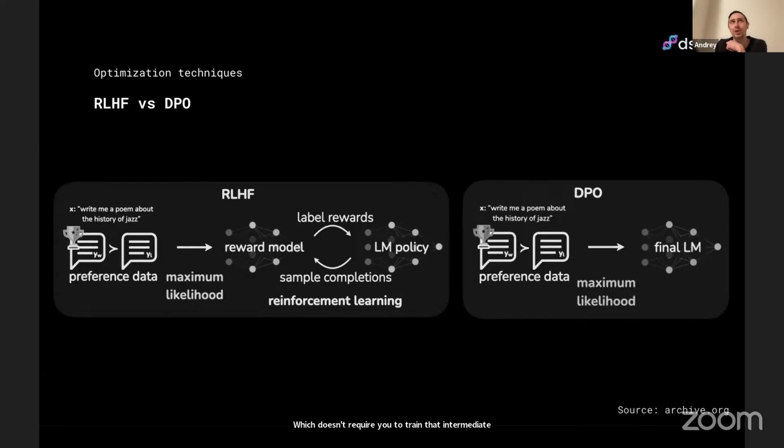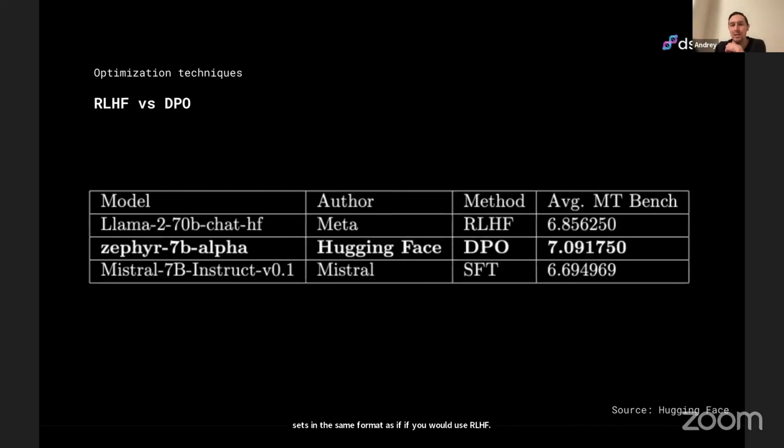Because of that, less time is needed for training, and it's less compute intensive. But it still would require you to prepare these data sets in the same format as if you would use RLHF. And there is some data that shows that by using this method, you can achieve either the same or even better quality than with using RLHF.